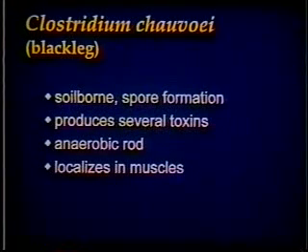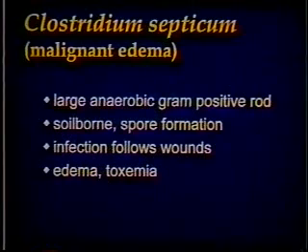There is spore formation, which contaminates the soil, and so the areas where blackleg occurs, as with other clostridial diseases, are considered to be contaminated for a long time. As all the Clostridia are, this is an anaerobic rod, and it localizes in muscles where it may produce gas formation and also hemorrhage, as is shown in the musculature of this calf.